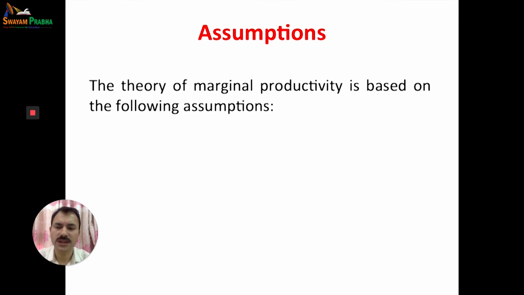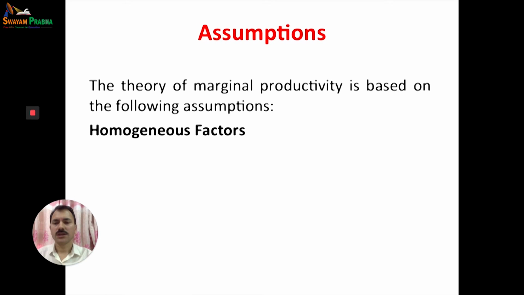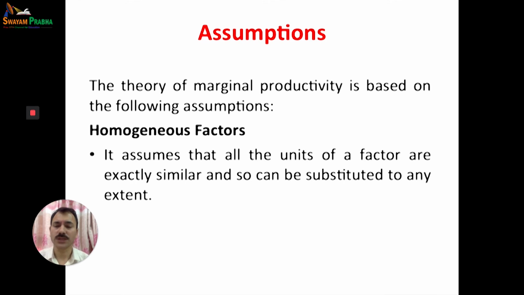Every theory has some assumptions. Similarly, the marginal productivity theory is based on the following assumptions. First, homogeneous factors. In this theory, we assume that all factors of production are homogeneous in nature. You cannot differentiate one product from another.